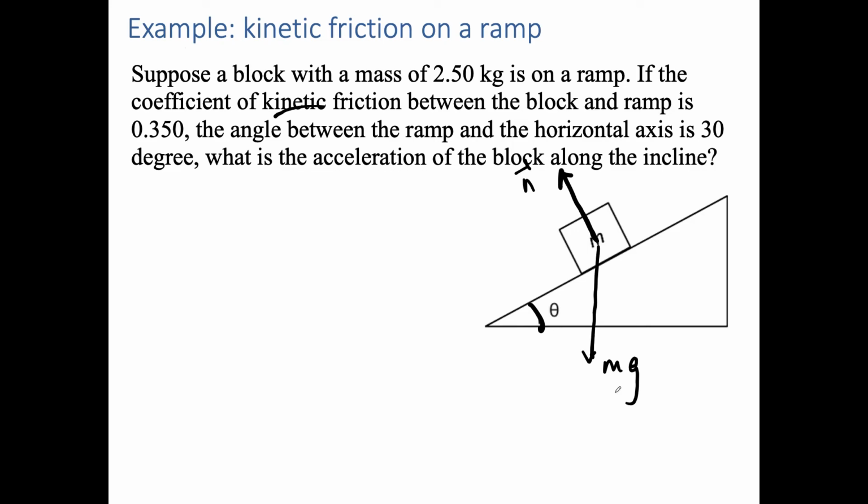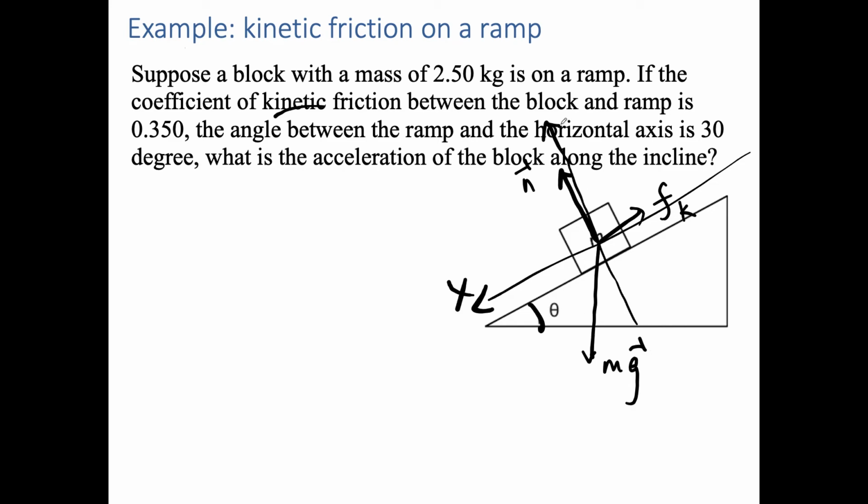That's the only two forces acting on the block. No. Actually, we have friction, right? It says coefficient of kinetic friction is 0.35. So we have three forces acting on the block: normal force, mg, and kinetic friction. Let's still build our x to be this way, y to be this way.